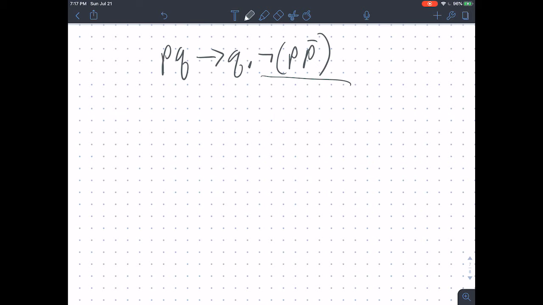Okay, so the right side, if we look, we can apply De Morgan's law to it. So let's do that first, because that'll give us an alternation. And if we do that, we get, and again, double negations cancel out, so that turns into not P or P, right?